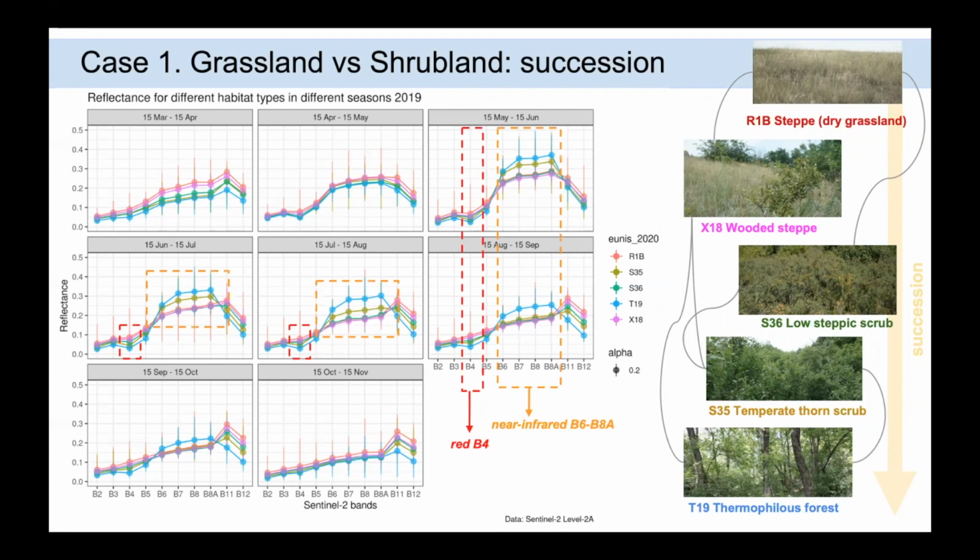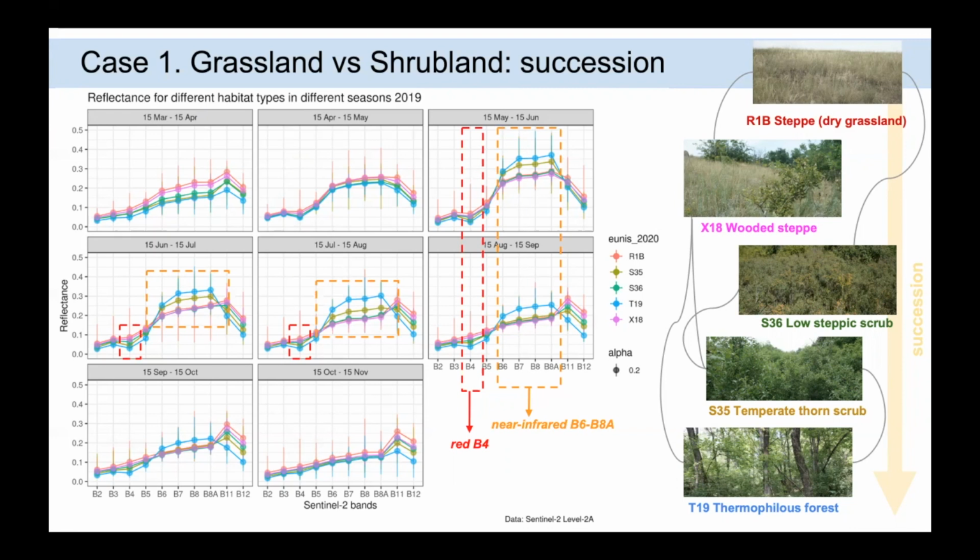Then grasslands, wall scrubs, and wooded steppe during May, July. At the same time, in a red band, their values are lower than others. The physical meaning of this pattern is the accumulation of green biomass and chlorophyll, which affects the absorption within one part of the spectrum and the reflection within another.